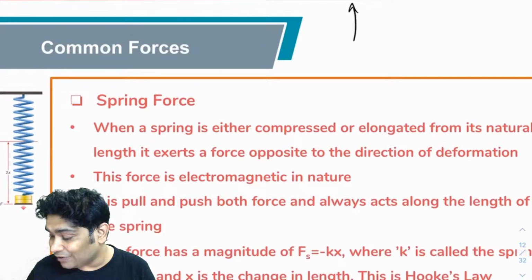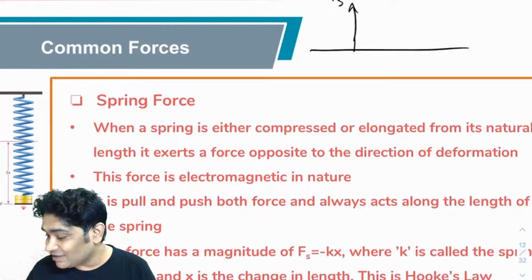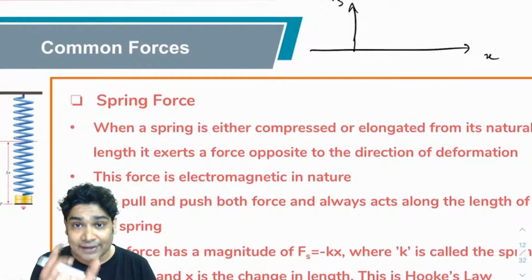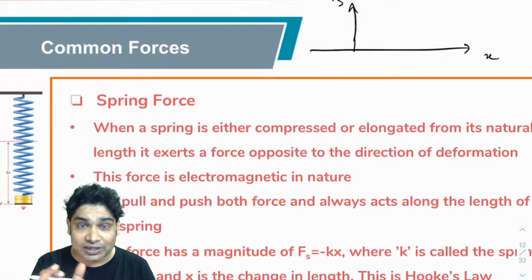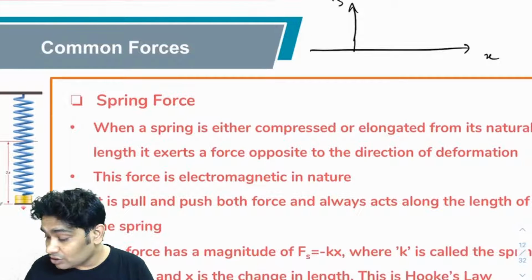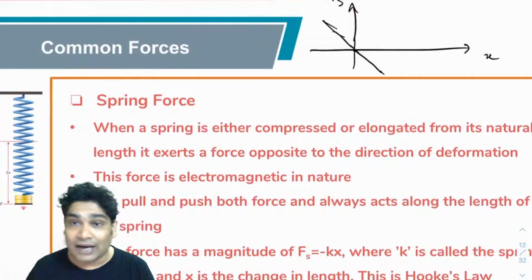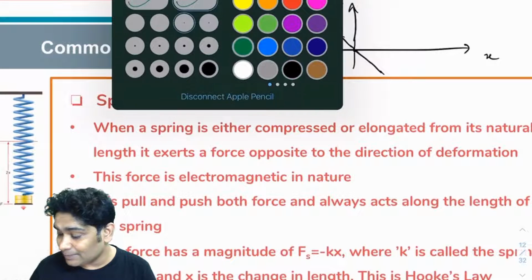On this axis you have F of spring and this is your x, being the elongation or the deformation. Whenever there is elongation we call that positive, and deformations we call negative. So this is a graph which goes like this. This is a straight line graph.